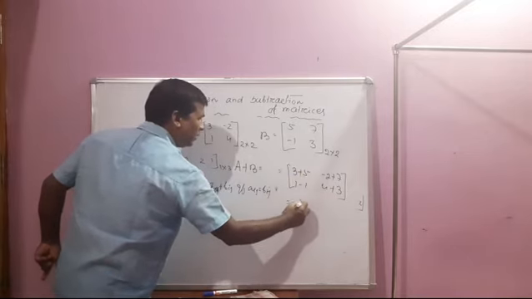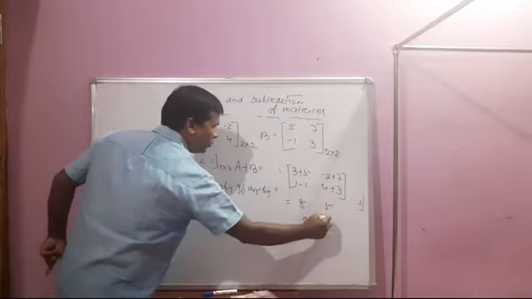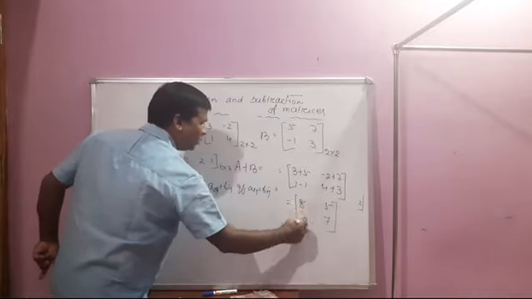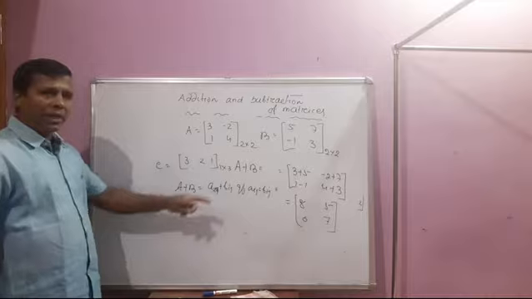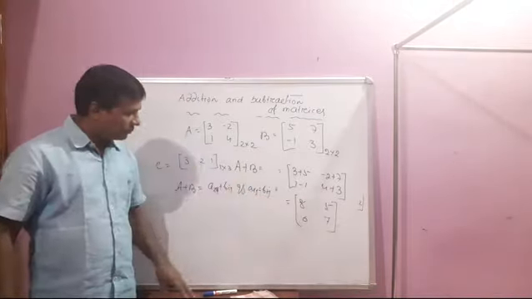That is equal to 8, 5, 0 and 7. So the value of A plus B is 8, 5, 0 and 7.